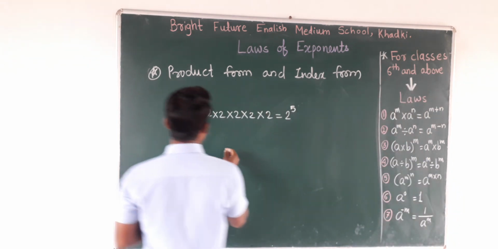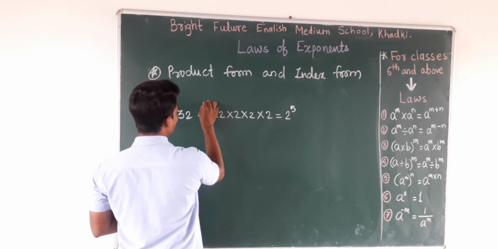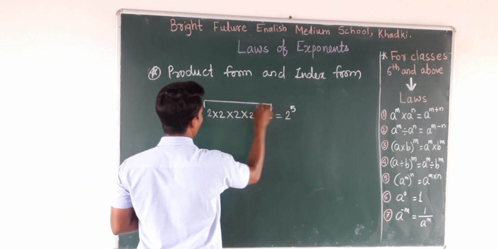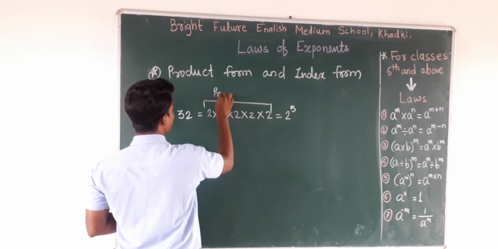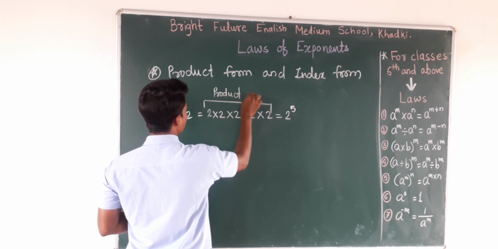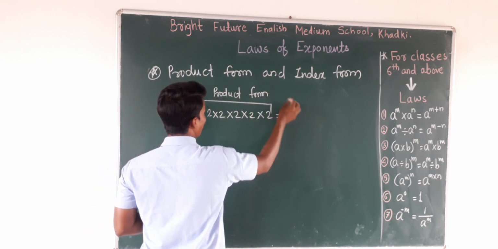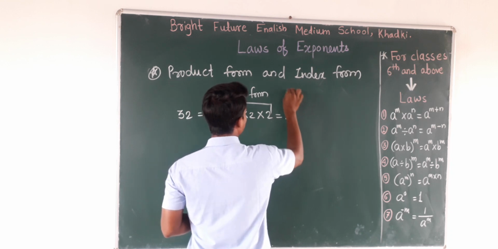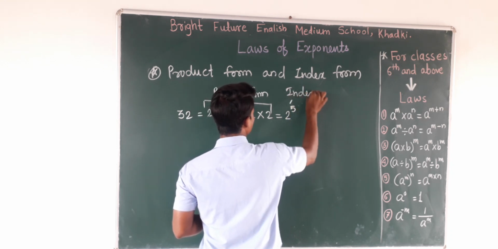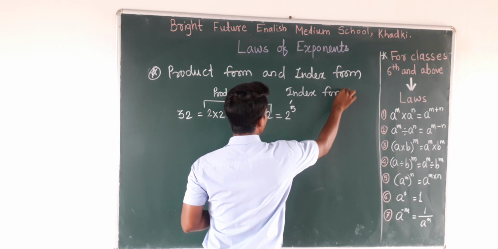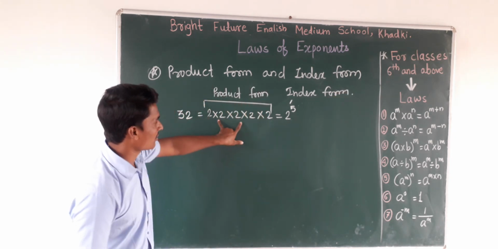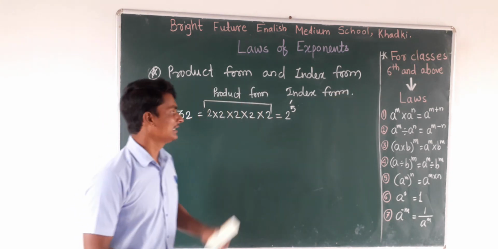So here what we understood: this is called a product form and this is called an index form.